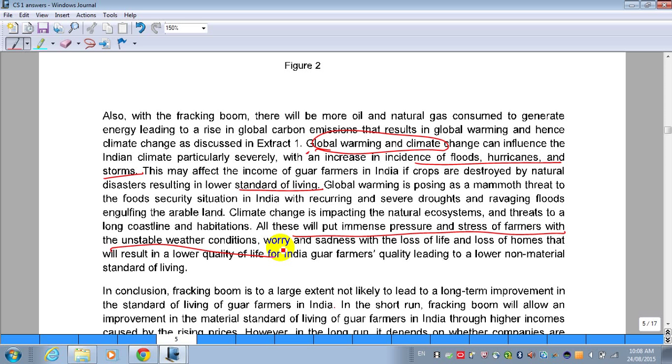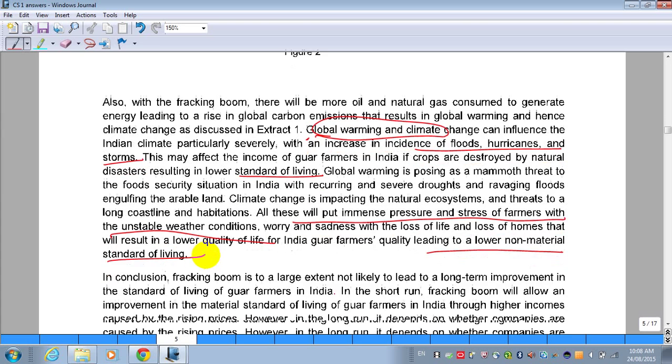All right, it will lead to a lower non-material aspect of standard of living. So it's a matter of stress, right? With more fracking, worse climate change, what happens is that they might be concerned about the loss of income, and therefore the material aspect of standard of living might worsen.